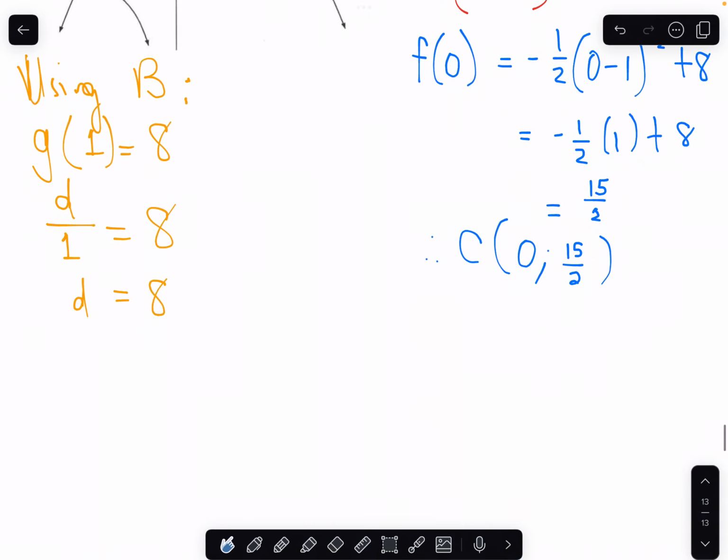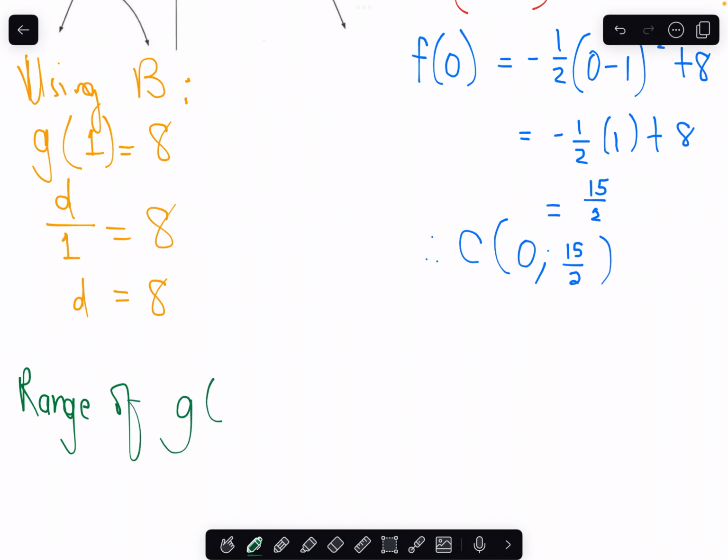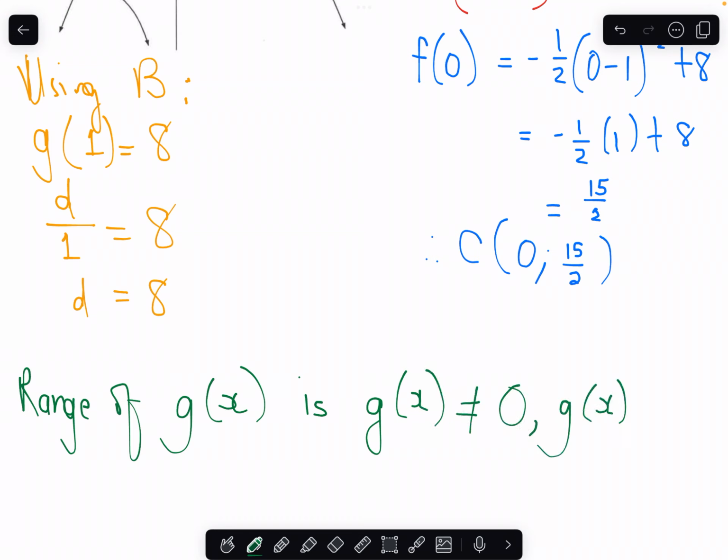So the range of g of x is anything but 0, if we consider real numbers. So that's that on that.